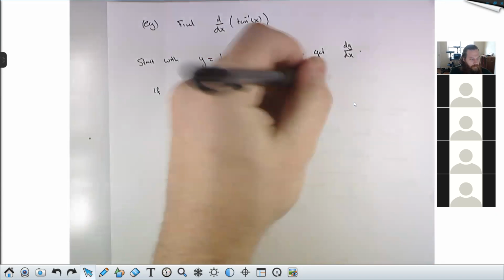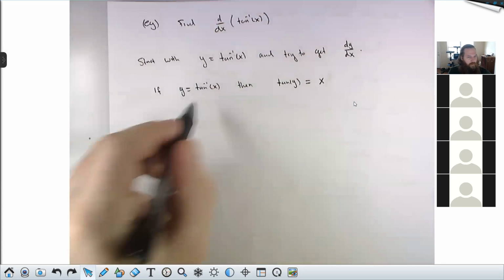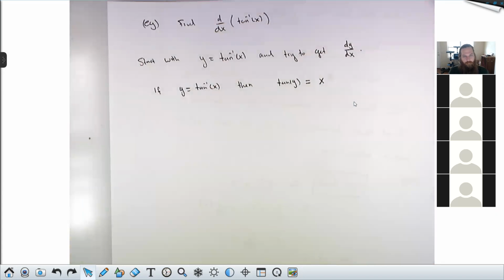Yeah, exactly. That's what it means to say that this is the inverse of the tangent function, right? There are some domain restrictions that come along with the inverse tangent function. I'm not going to worry about that right now. You could say that this implies this only if y is between negative pi over 2 and pi over 2, but it's irrelevant for what we're going to do.